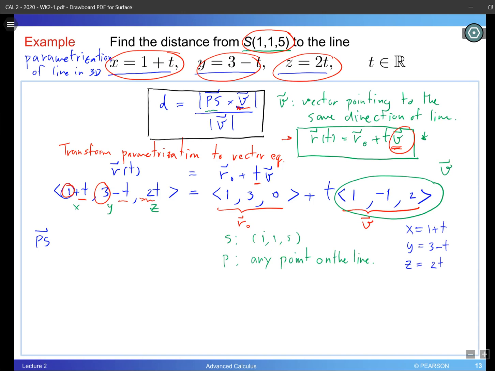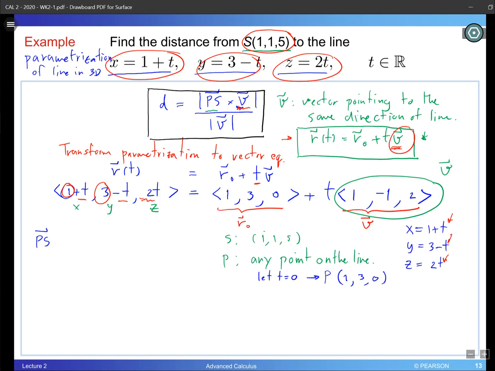So t equals 0, and I get this point P: x becomes 1, y becomes 3, z becomes 0. So I have 1, 3, 0 for point P. You can pick t equal to 1 or 2, that's up to you, as long as this point is on the line.